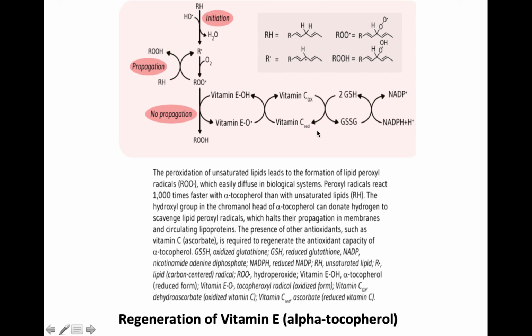By doing so, glutathione is involved in the regeneration of vitamin C and also vitamin E. The GSH reduces the vitamin C, and further the vitamin C reduces the vitamin E.